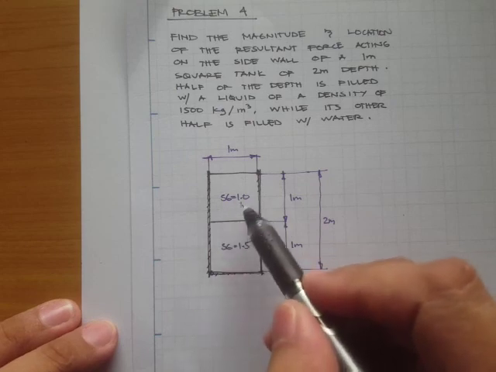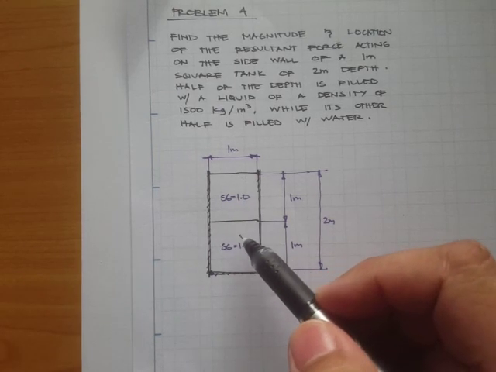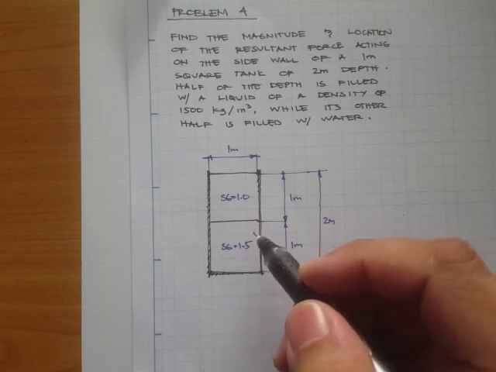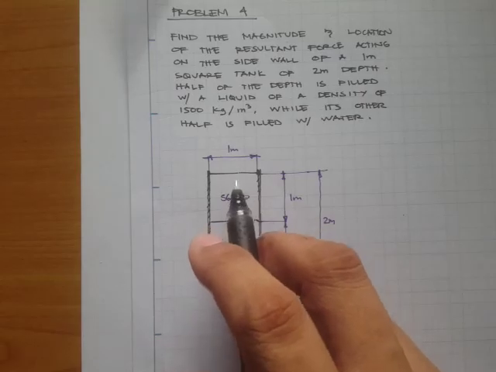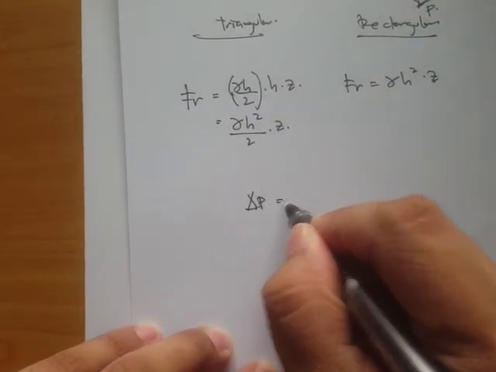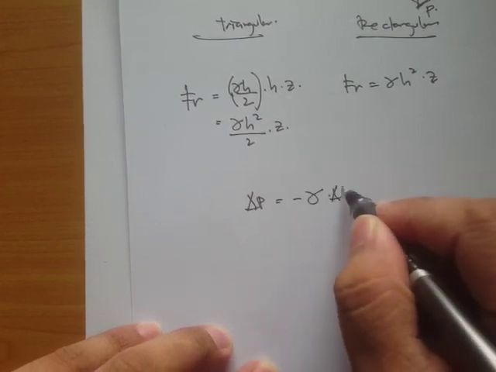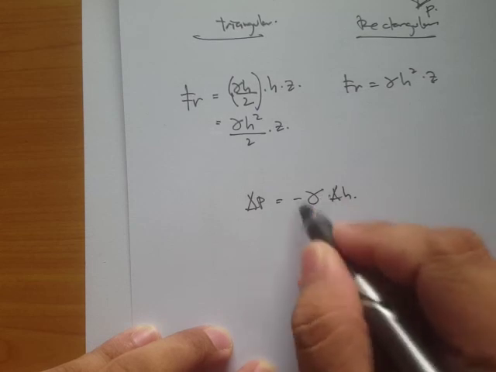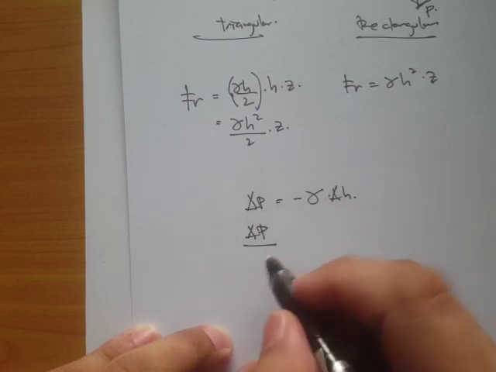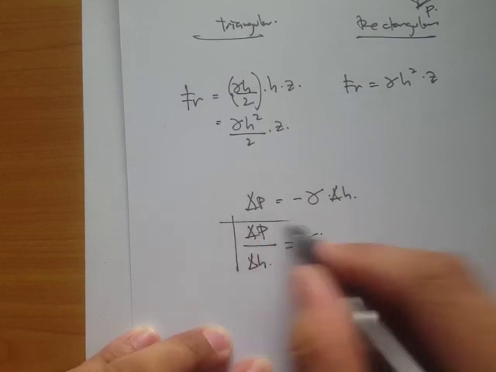Now, since we have two types of fluids, we would have a different slope for the hydrostatic equations, because as you can see in our equation, delta P is equal to negative the unit weight times the delta H. If we rewrite this hydrostatic equation, we get this one.